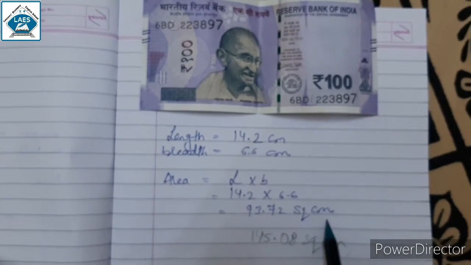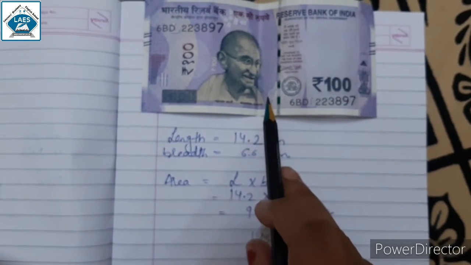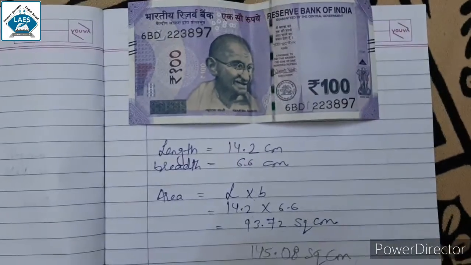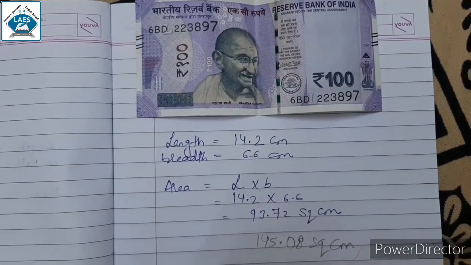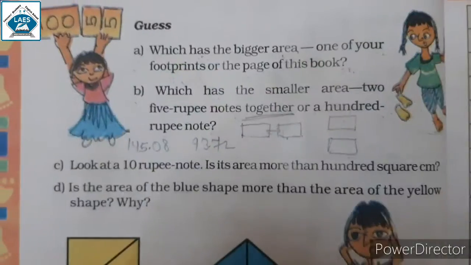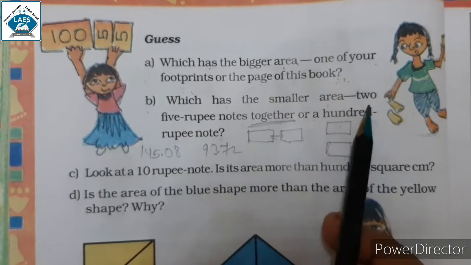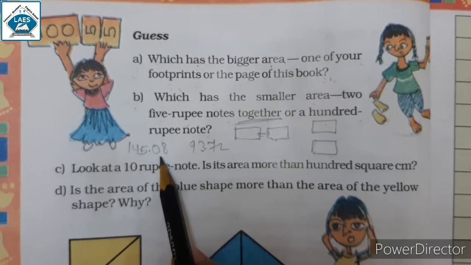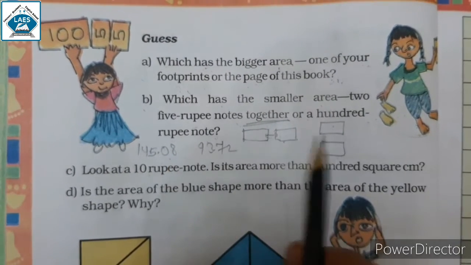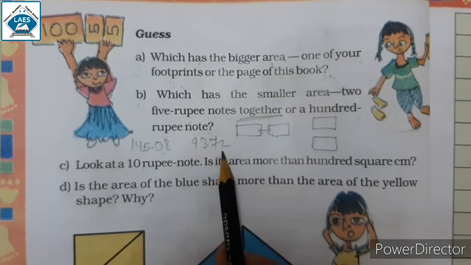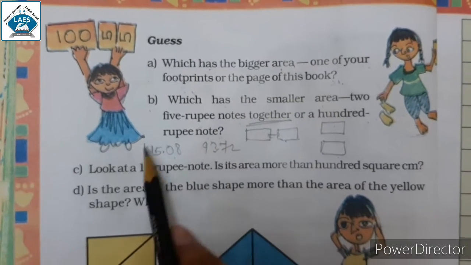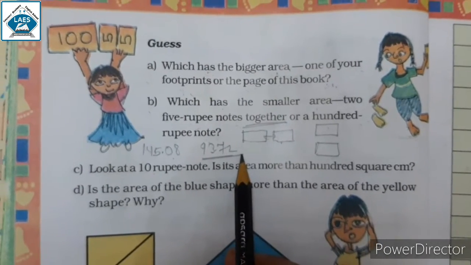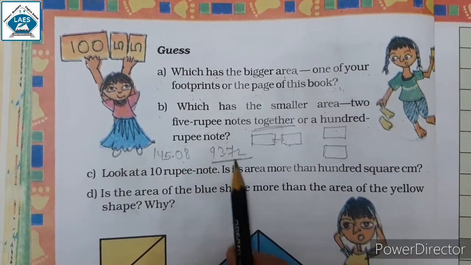So we can see that the area of the 100 rupees note is smaller than that of the 5 rupees notes. Students, the 5 rupees notes area is 145.08 square centimeter and the 100 rupees note area is 93.72. Which has the smaller area? The 100 rupees note is the smaller area.